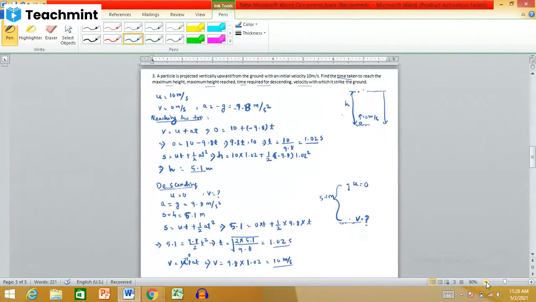With this, you got the answer on a single page, and this is the answer for a particle projected vertically upward from the ground with an initial velocity of 10 meters per second. So you calculate all the things: time required to reach the top, the height to the top, time required for descending, and the velocity with which it strikes the ground.